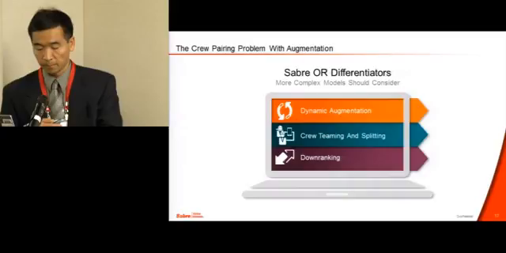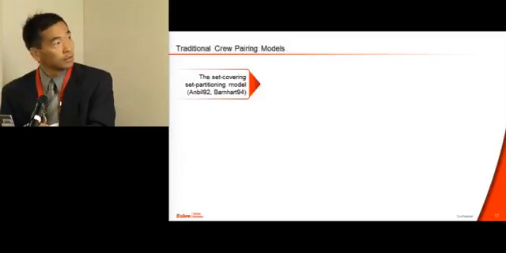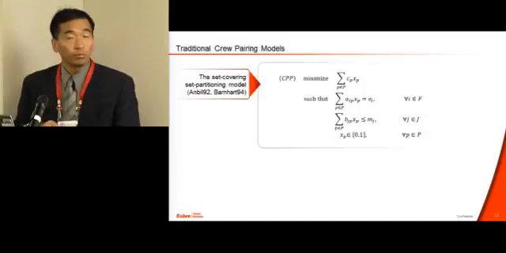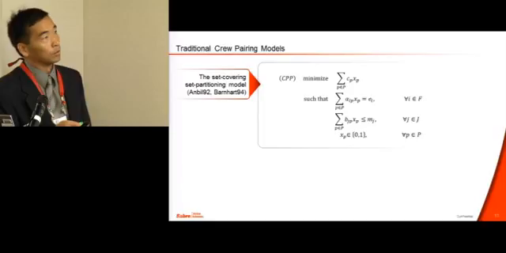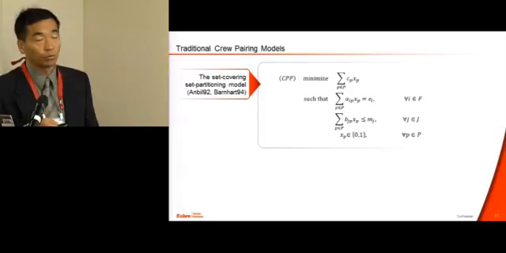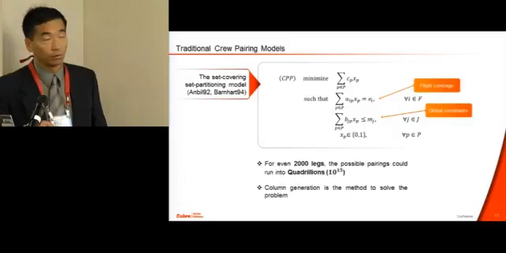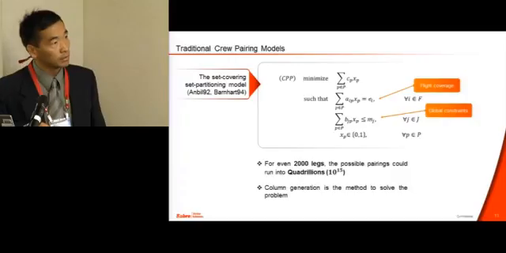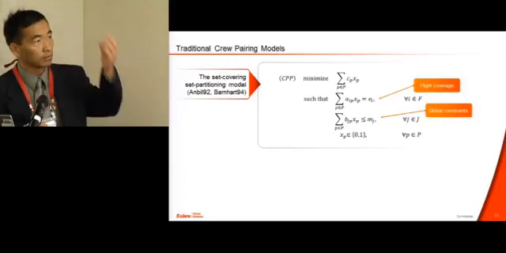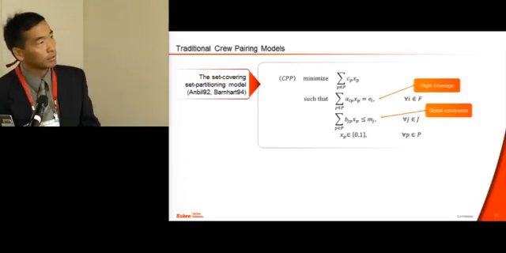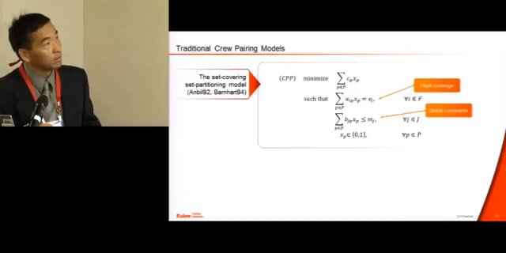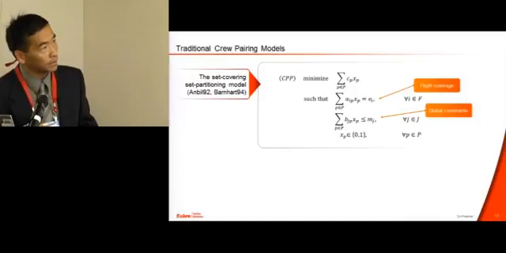Mathematically, the basic crew pairing problem looks like this. There is a lot of literature on this basic problem, where we have pairing selection variables. We want to select pairings from a set of candidate pairings, minimizing the total pairing cost, subject to the pairings covering those flights.